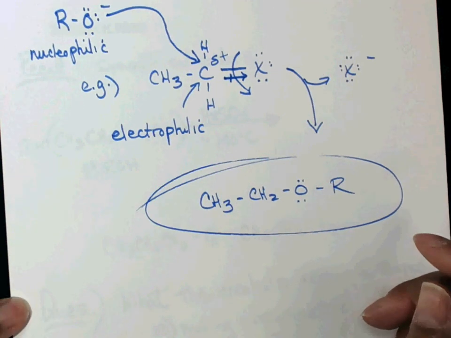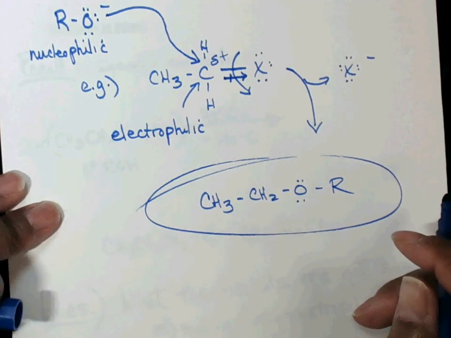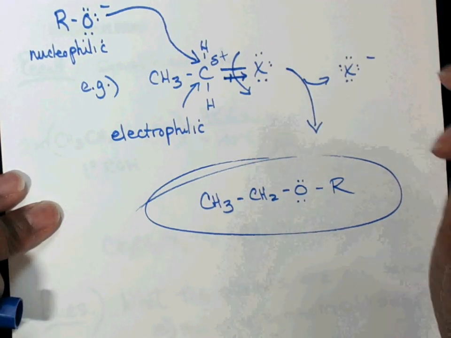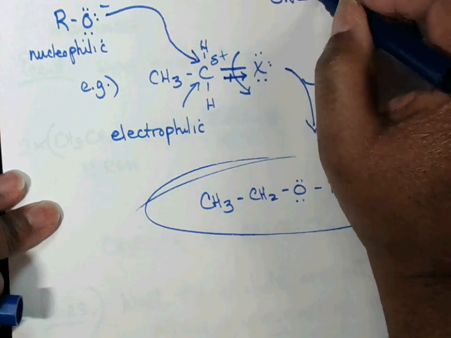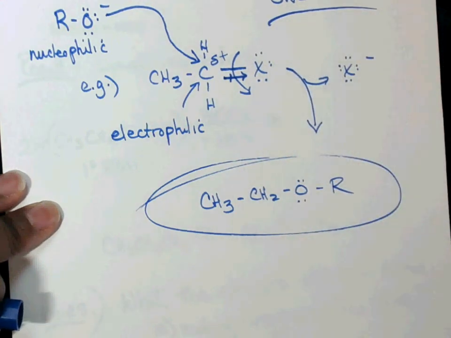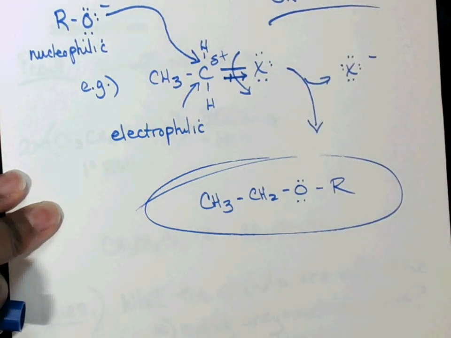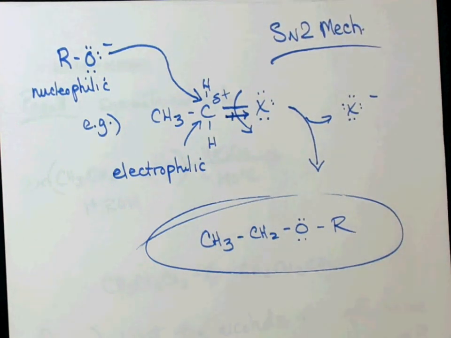Does anybody remember what type of mechanism this represents? Yeah, that's right. I think I heard it. Someone said that this was an SN2 mechanism. For those of you who didn't say SN2, I'm going to assume that's what you were thinking.